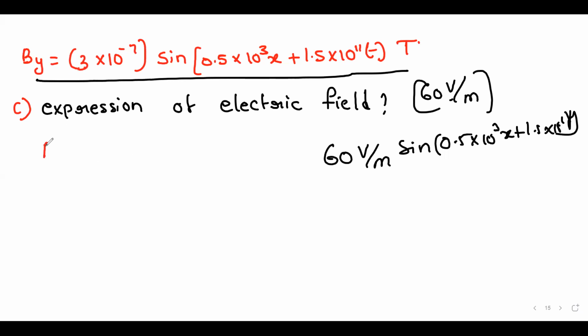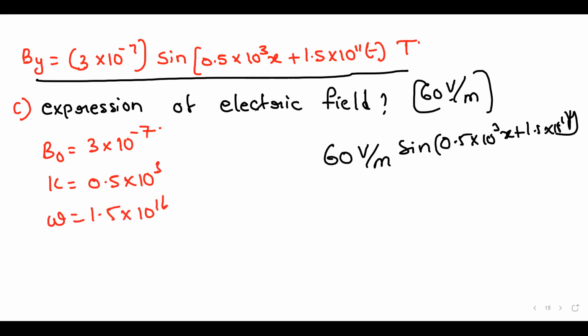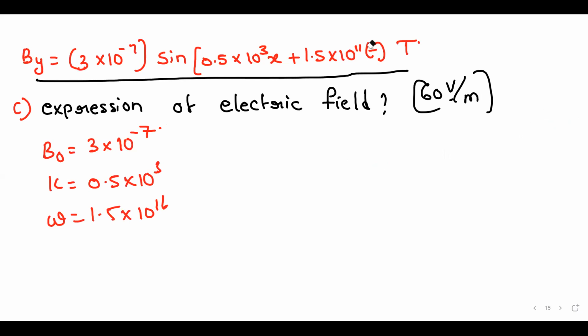So what is the value of B naught? 3 into 10 power minus 7. K is 0.5 into 10 power 3. Omega is 1.5 into 10 power 11. First point: the magnetic wave is traveling in which direction? Negative x direction. Very good.